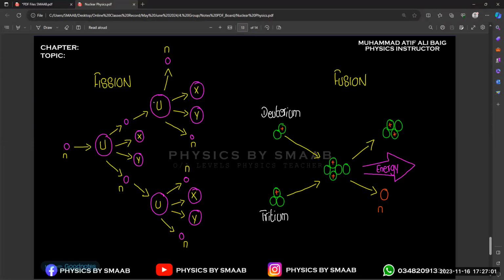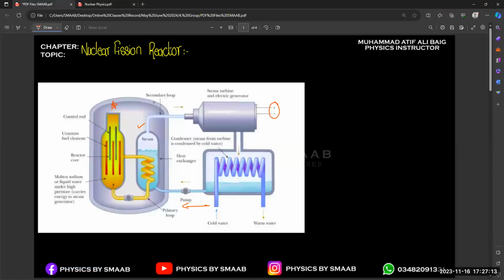So we just strike one neutron and it splits into multiple other elements, and neutrons are also emitted during the reaction. Those neutrons continue the process of fission until the complete nucleus of that atom decays, right?